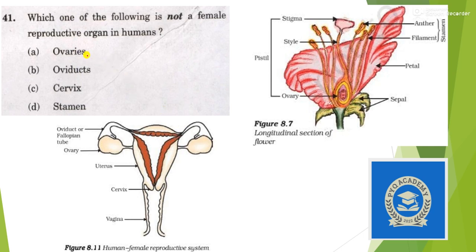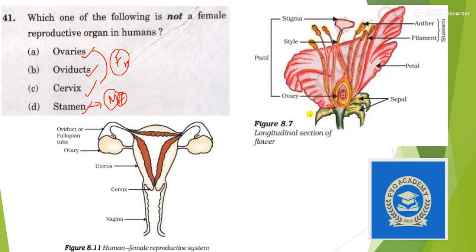So we know that ovaries, oviduct and cervix are reproductive organs of a human female, and this is nothing but the male reproductive organ of plants, that is, flowers.